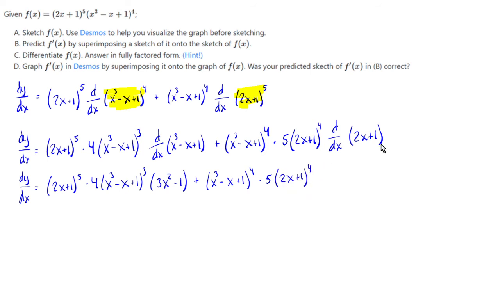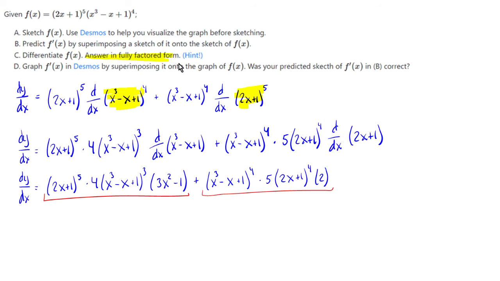And then the derivative of the following function is simply going to be 2. Okay. Now, if we look really carefully at this expression, we may see that it consists of the addition of two products. And they also want us to answer in fully factored form.